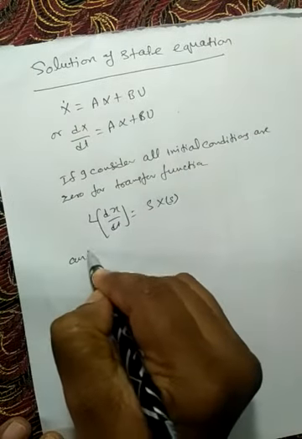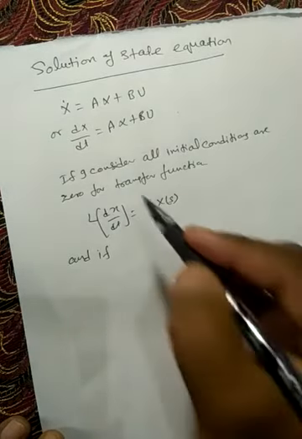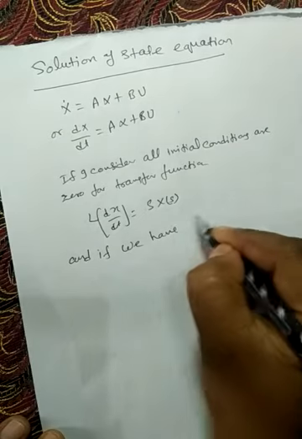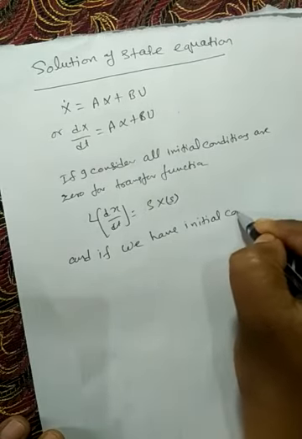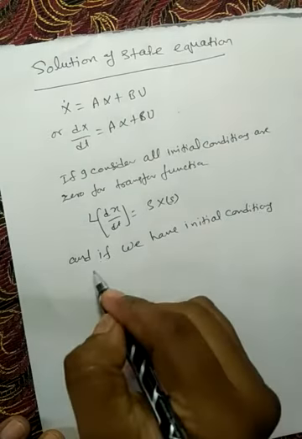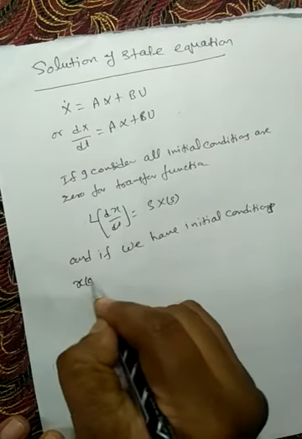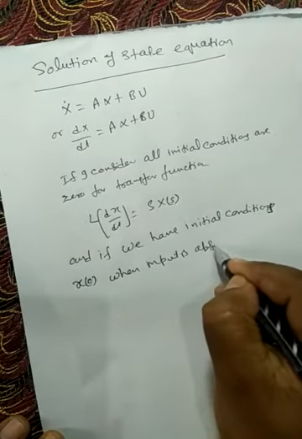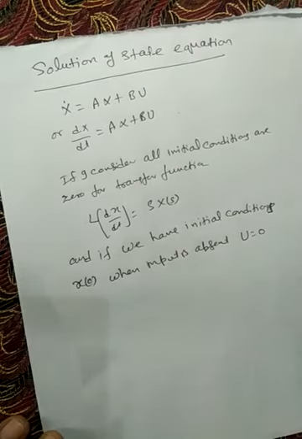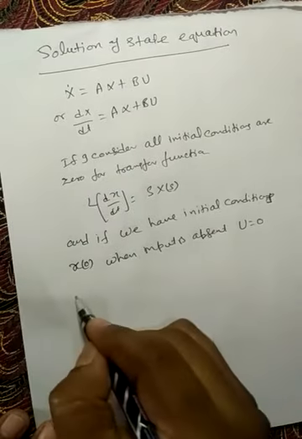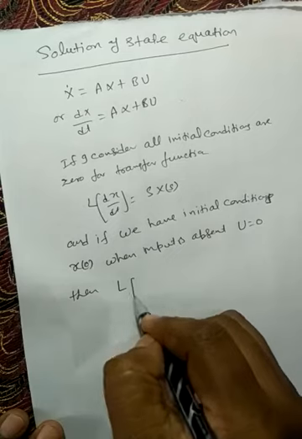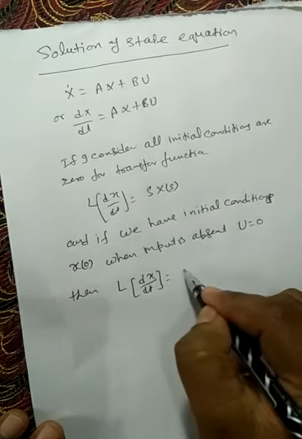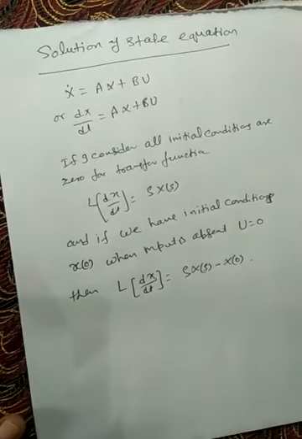And if we have initial conditions x naught when the input is absent, meaning u is equal to 0, then the Laplace of dx over dt will be sX(s) minus x naught.